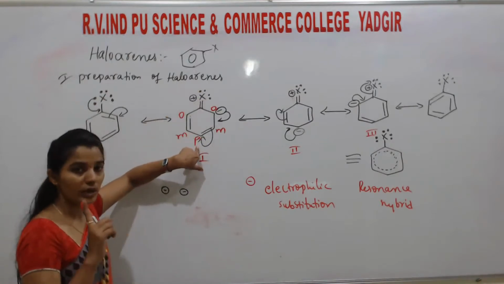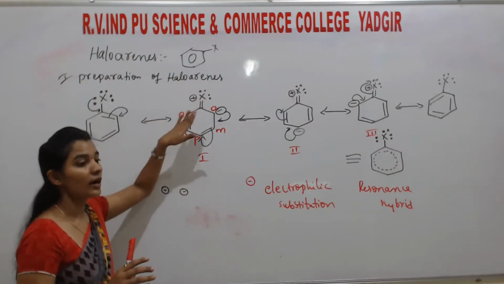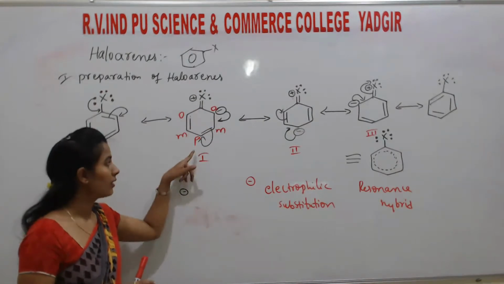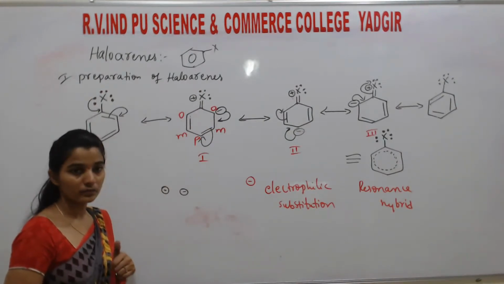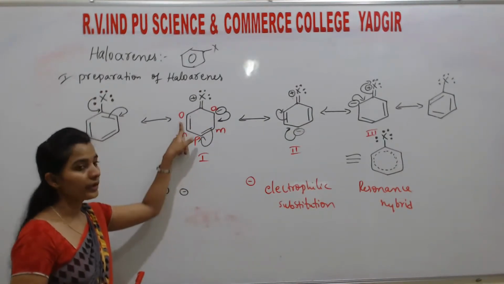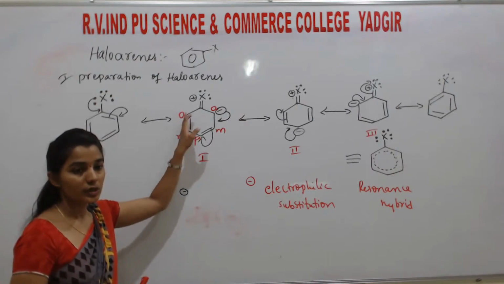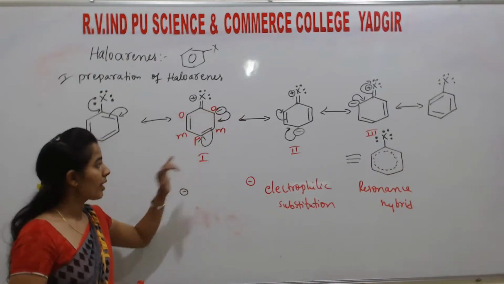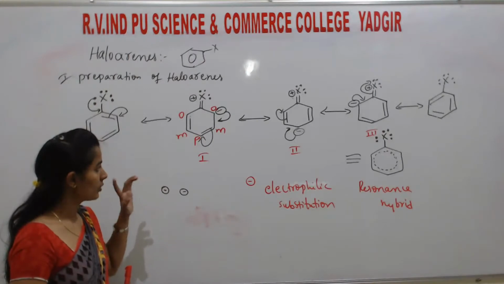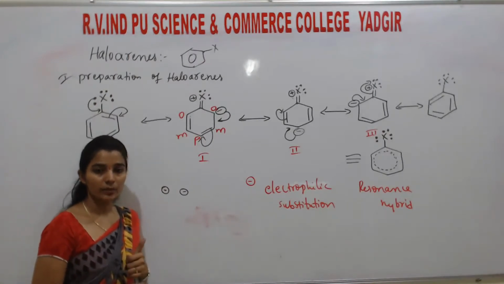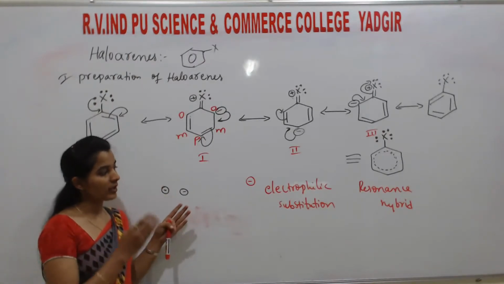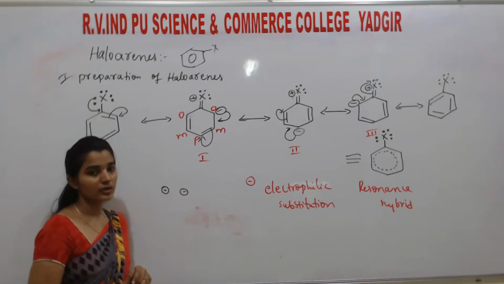Para position is only 1. That means always ortho product is the major product compared to para. Understand? Ortho product is the major product due to the 2 ortho positions, and para position is only 1, so it is a minor product. So this will show the electrophilic substitution reaction.